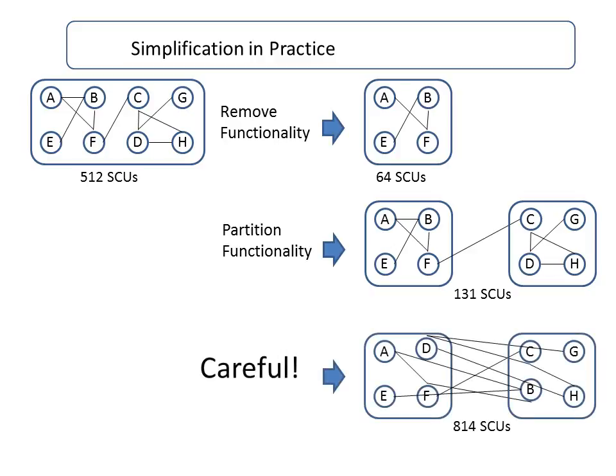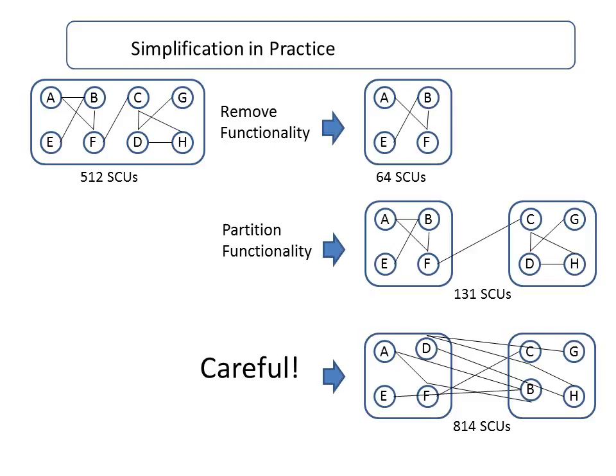In fact, you can almost guarantee that you're going to increase the dependency complexity when you partition functionality. The real question becomes, can you decrease the functional complexity by more than you increase the dependency complexity? So on balance, can you come out ahead?